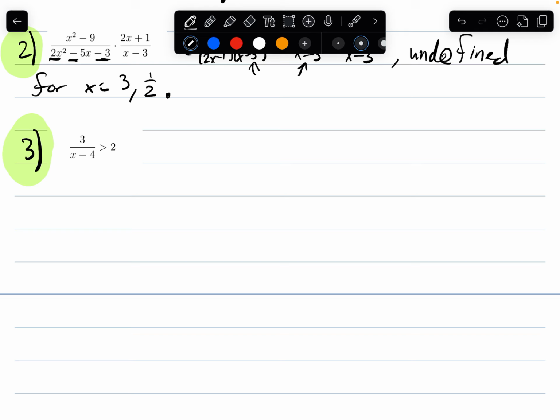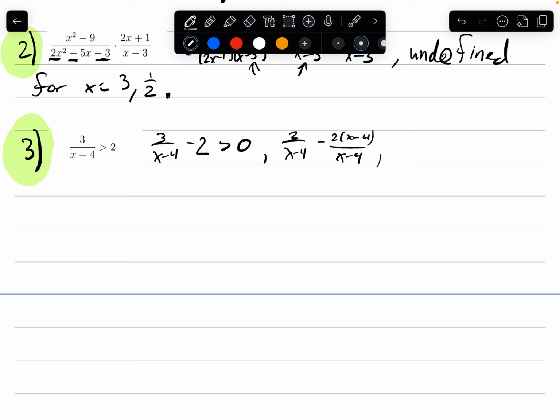So instead of giving ourselves more mental work, what we could do is subtract 2 from both sides, and we'll get 3 over x minus 4 minus 2 is greater than 0. Right, we just subtracted, we didn't divide or anything. Now, combine the fractions into 1: 3 over x minus 4 minus 2 times x minus 4 over x minus 4.